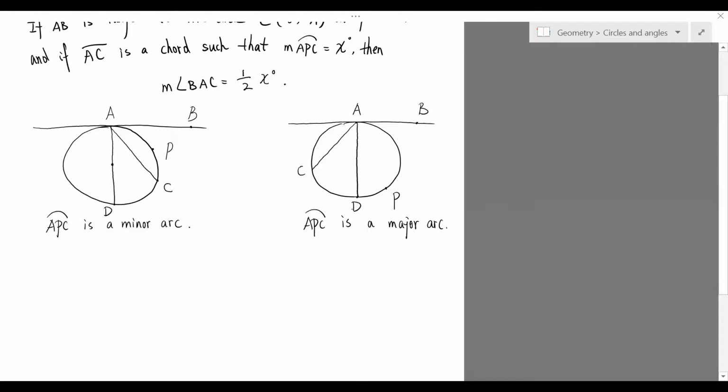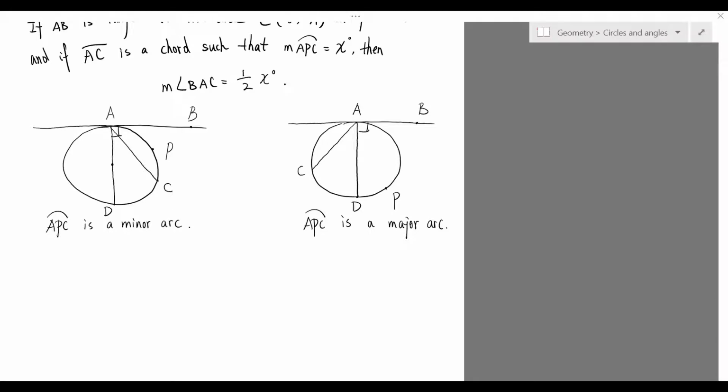In both of these cases, we know that the measure of the angle BAD is 90 degrees.